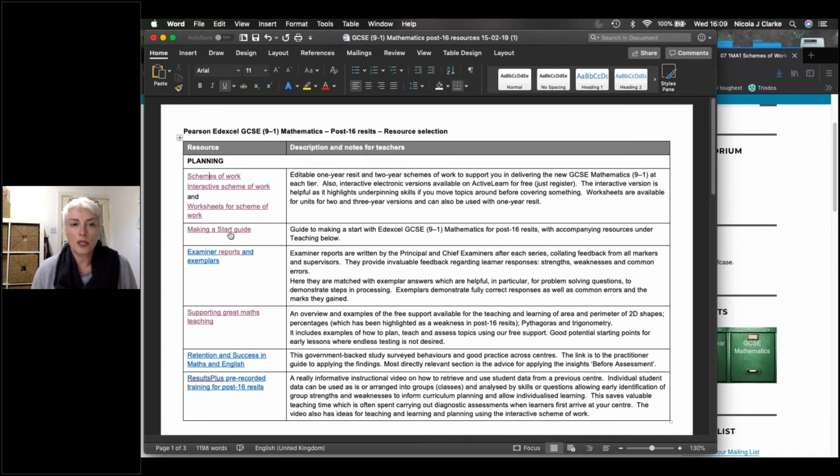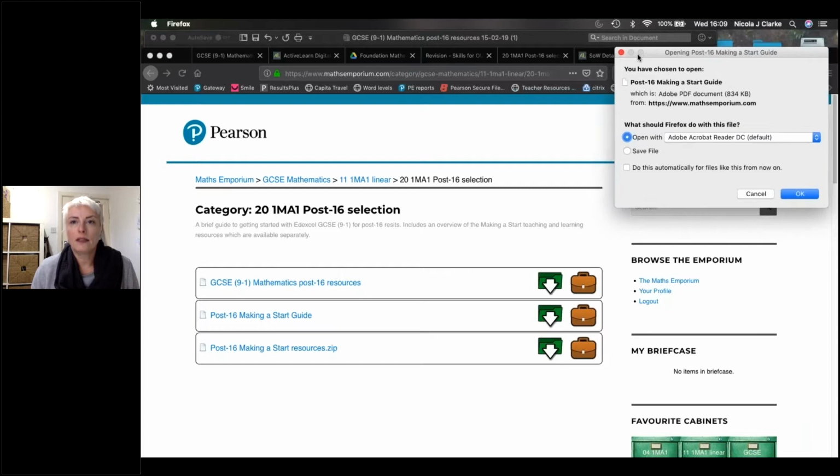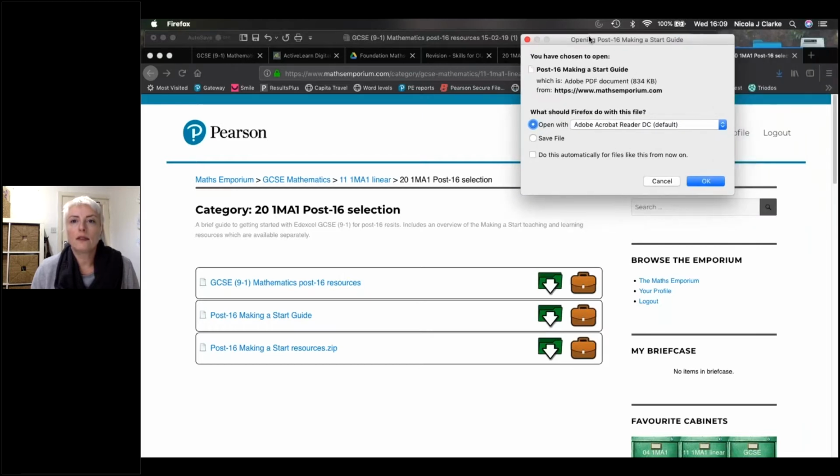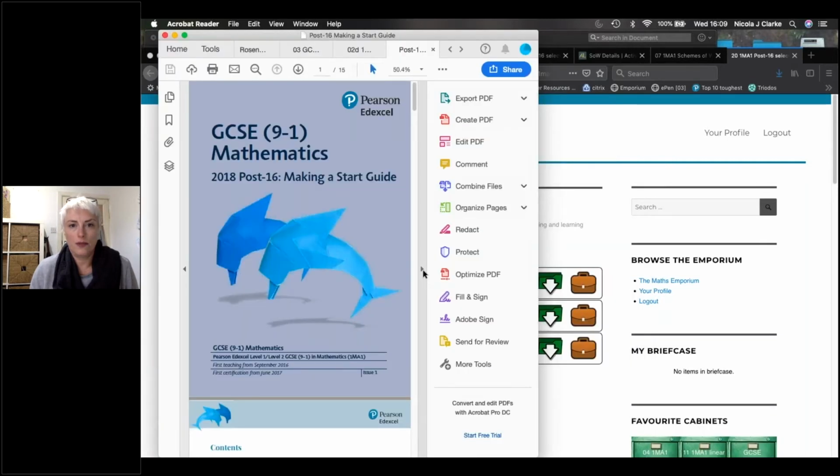We've also developed, in terms of post-16, a Making a Start guide. This is again in Emporium in the post-16 selection. So there's a document there with guidance.